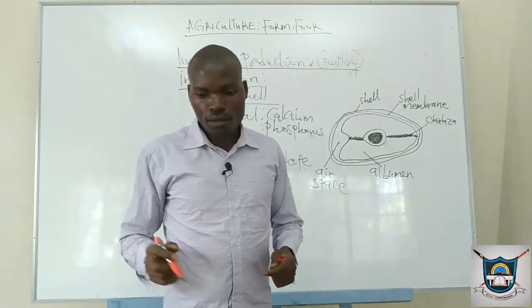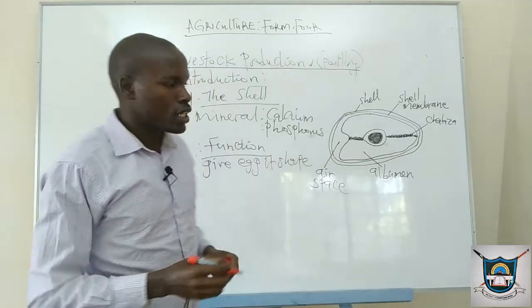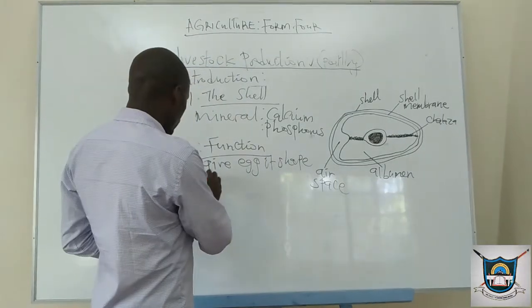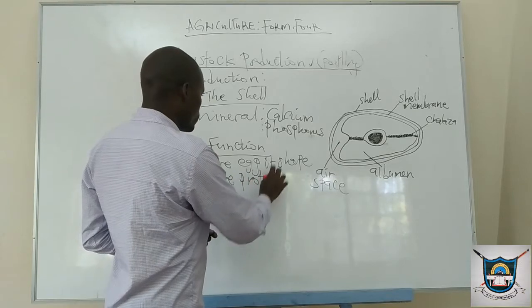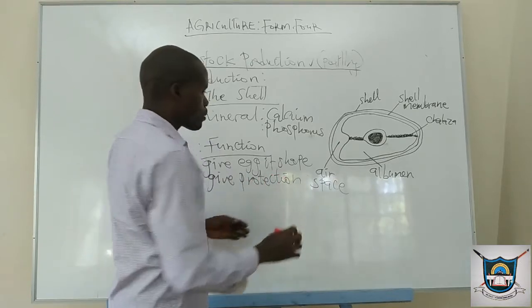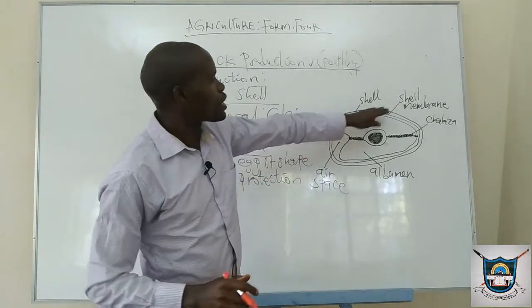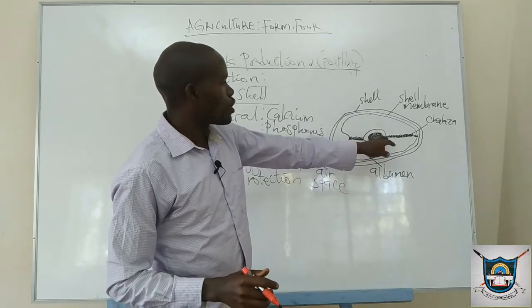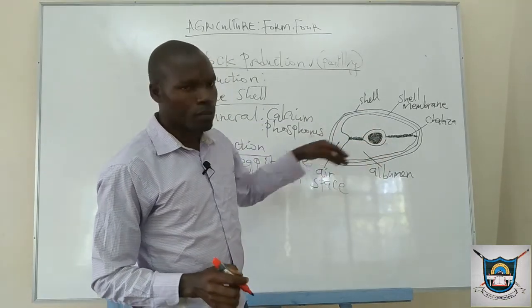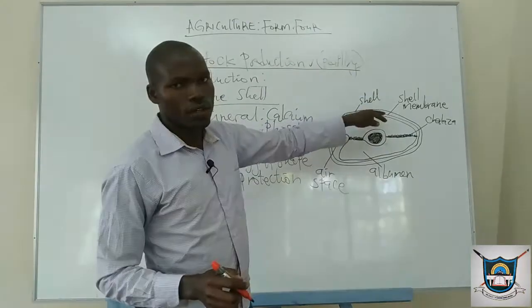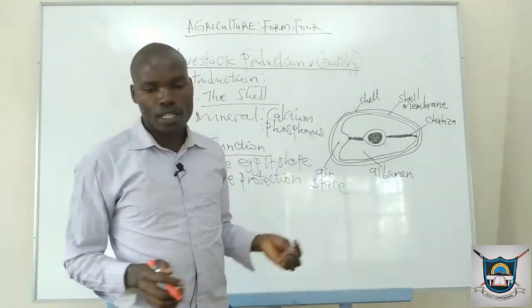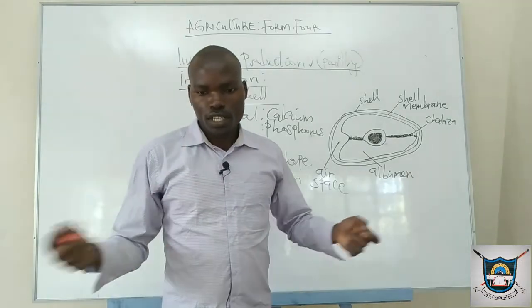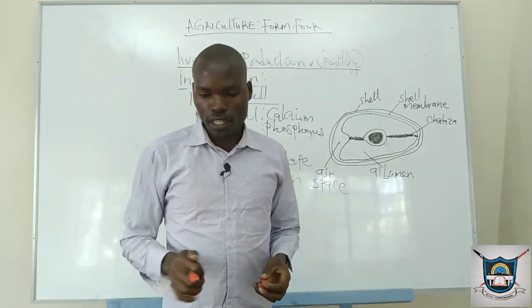Two, it gives protection to the inner content, right from the shell membrane up to the yolk. The shell becomes a barrier to protect the other inner parts of the egg from being damaged in case of any mechanical injury.